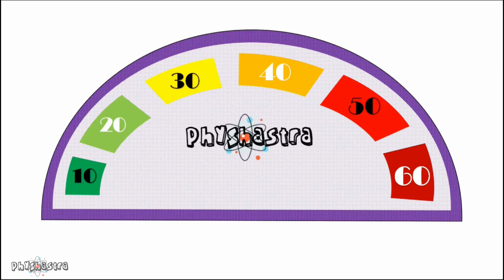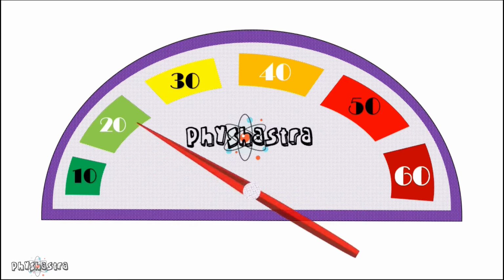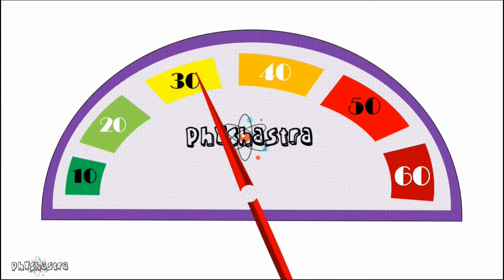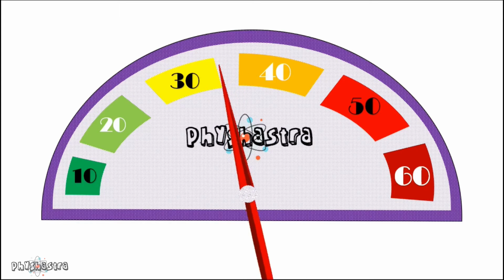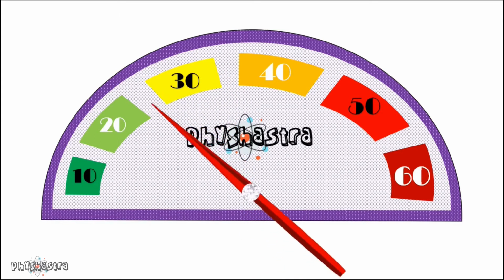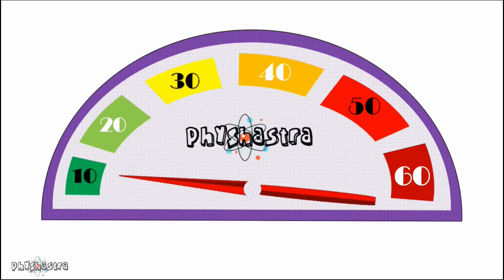Or if you are not old enough to drive, you might have accompanied someone on a drive. While driving, you might observe the speed on the speedometer. There is a pointer which points to the speed of the vehicle, so at any random time during the journey, you might see the pointer pointing at a particular speed.